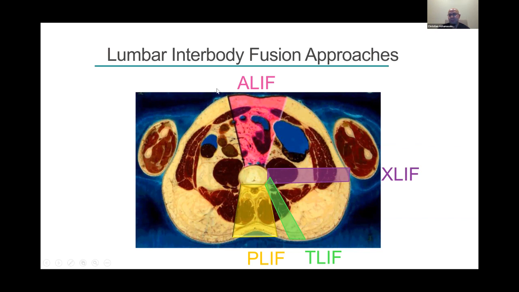It can be from a fusion approach, in which we're going in only from the back or from the posterior lateral area here. It can be from the front or from the side. And depending on each patient and their disease process, oftentimes we can approach the patient from different aspects in order to minimize the disruption of the muscle and the surrounding tissue and encourage the patient to recover quicker and get back to their normal life.